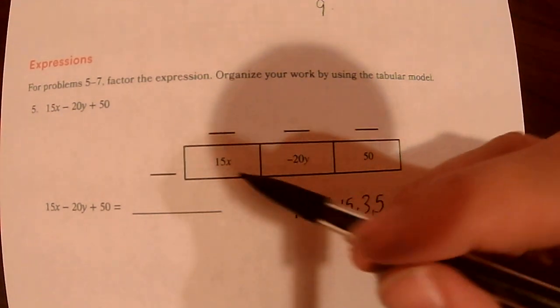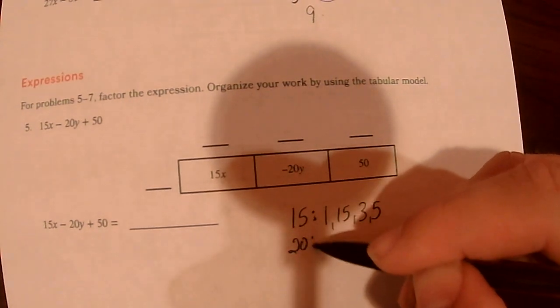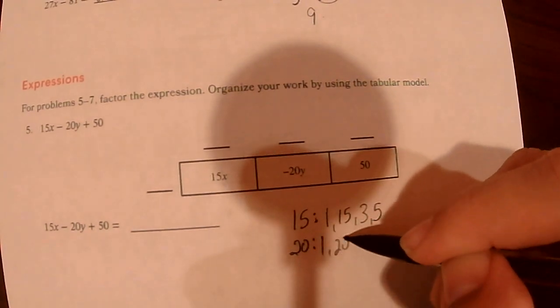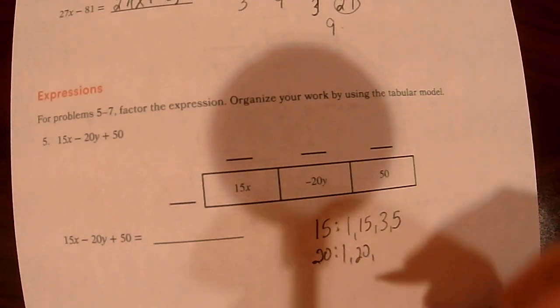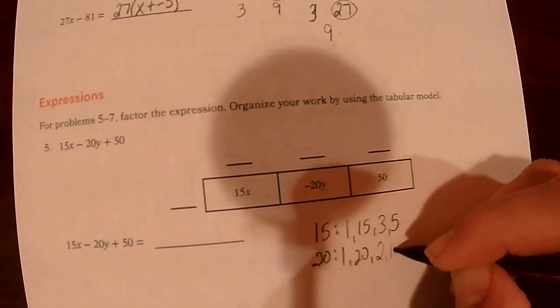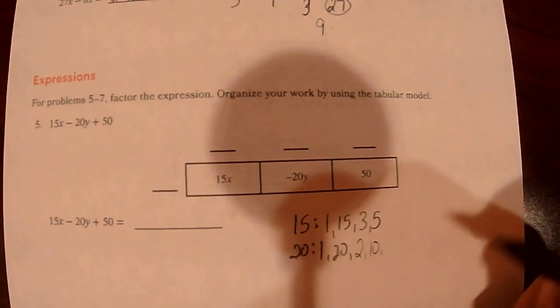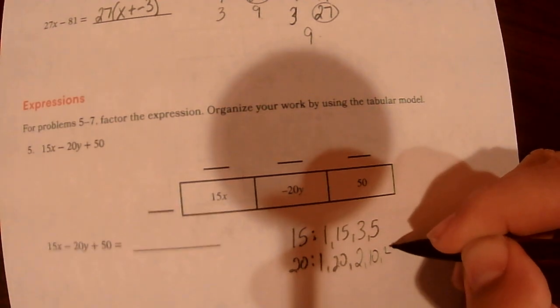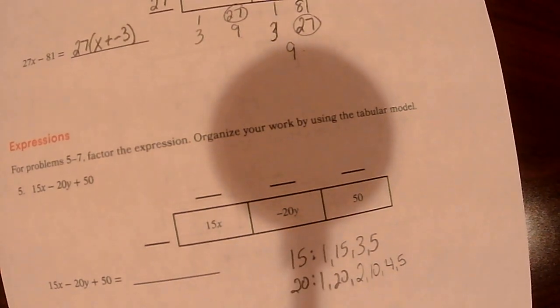And 4 is not a factor of 15. Okay, so 20 would be 1 and 20. This is an even number, so I would have 2 and 10. 3 is not a factor of 20. 4 is a factor, and 4 times 5 is 20.